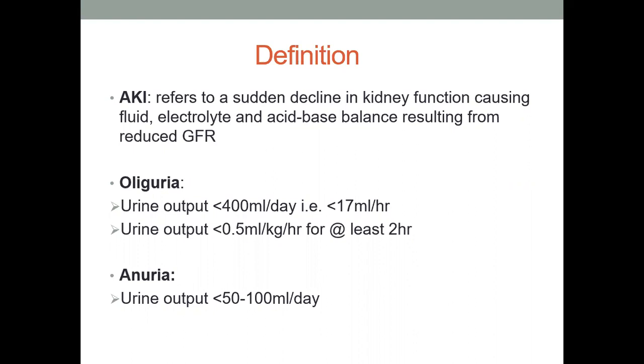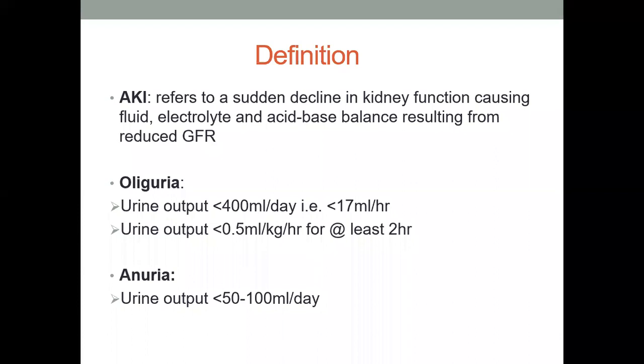So when we say a patient is oliguric, what do we mean? It means the patient is producing less than 400 ml per day, or if we break it down, less than 17 ml of urine per hour. The common definition we are used to is less than 0.5 ml per kg per hour for at least 2 hours.